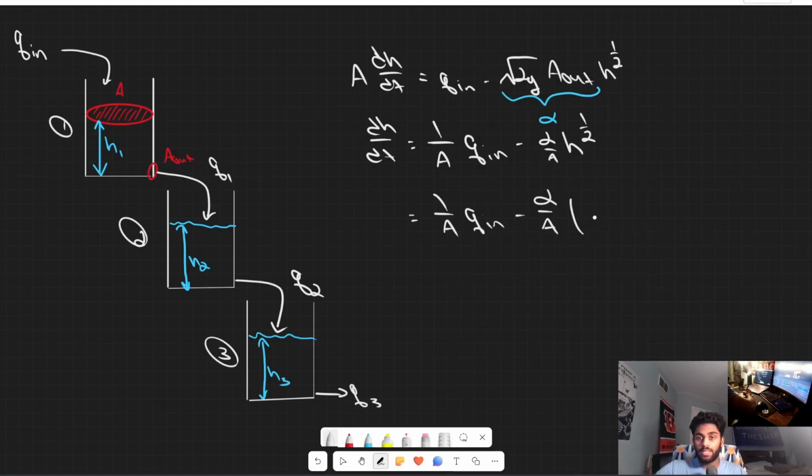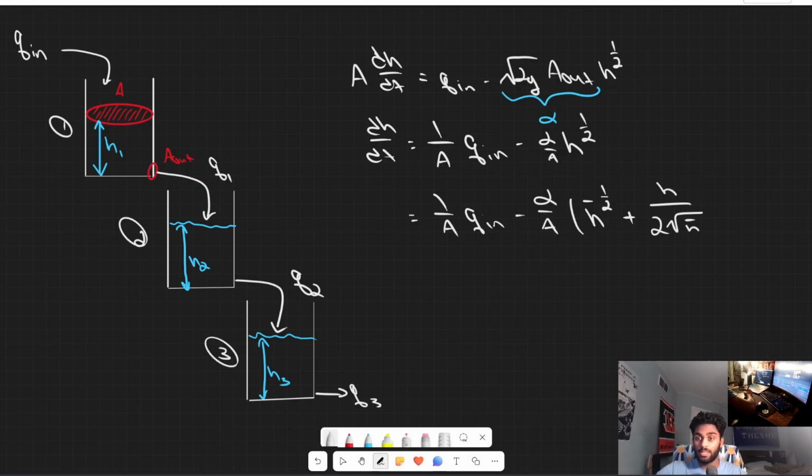What ends up happening is that we have the initial steady state value, h bar to the 1/2. This bar signifies the initial steady state. And to that, we add the derivative, basically the instantaneous slope, so that'll be 1 over 2 square root h bar times the difference.